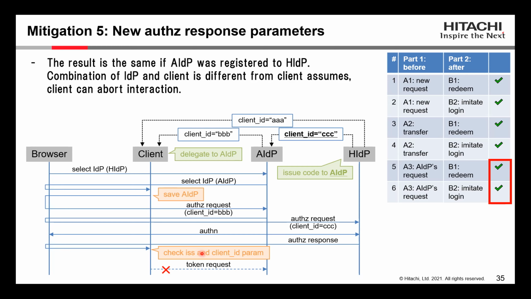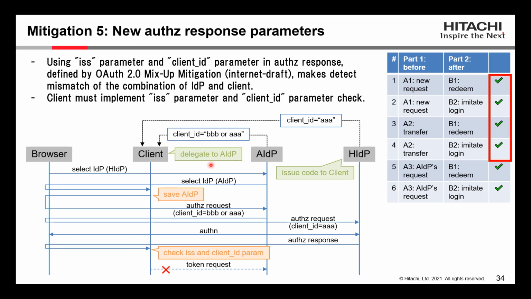If I remember correctly, maybe saving AIDP is a key point if the ISS parameter is not needed. It is described in the post-1.0 mix-up mitigation.